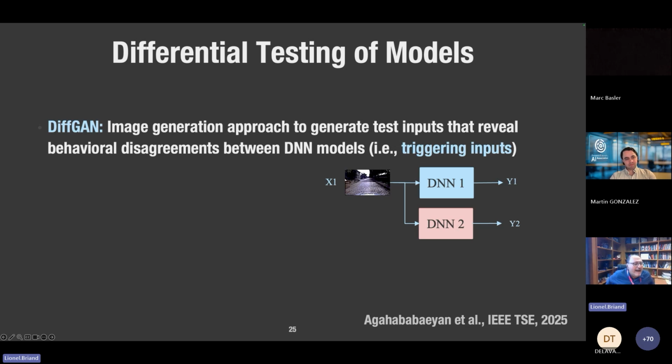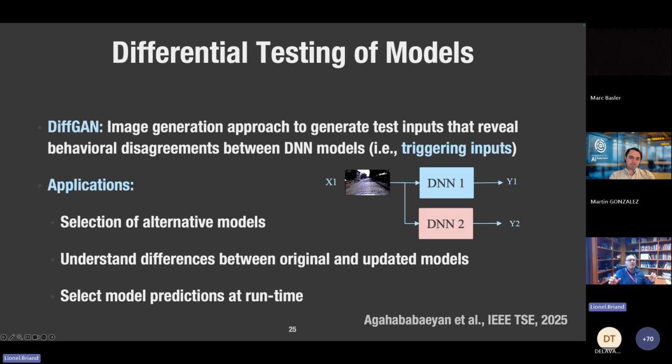There were a number of situations where you needed to use testing to reveal behavioral disagreements between the models. We call the inputs triggering different behaviors triggering inputs, and there were different types of applications.